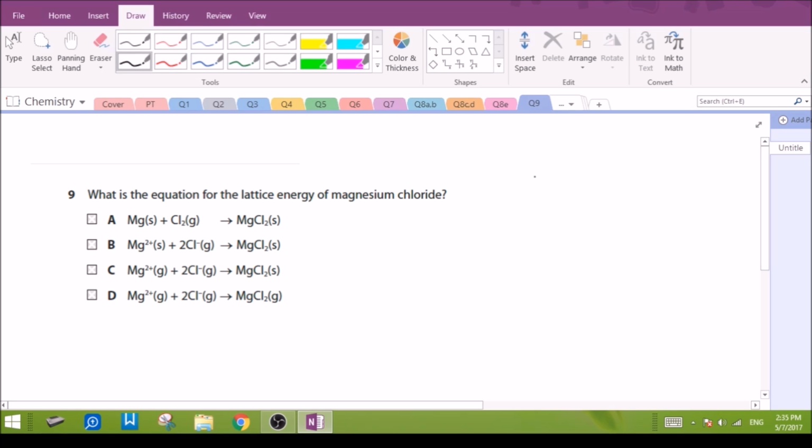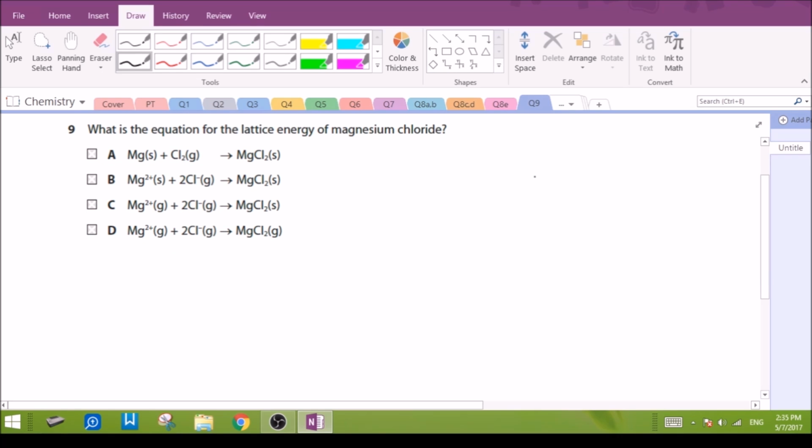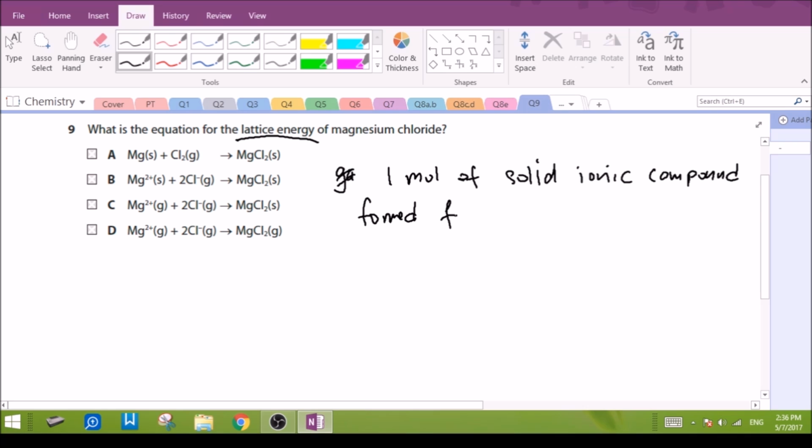Number 9. What is the equation of the lattice energy of magnesium chloride? So you have to be familiar with the definition of lattice energy. It is where 1 mole of the solid ionic compound is formed from the gaseous ions. The ions must be in gaseous form, and the amount of solid ionic compound formed will be 1 mole.